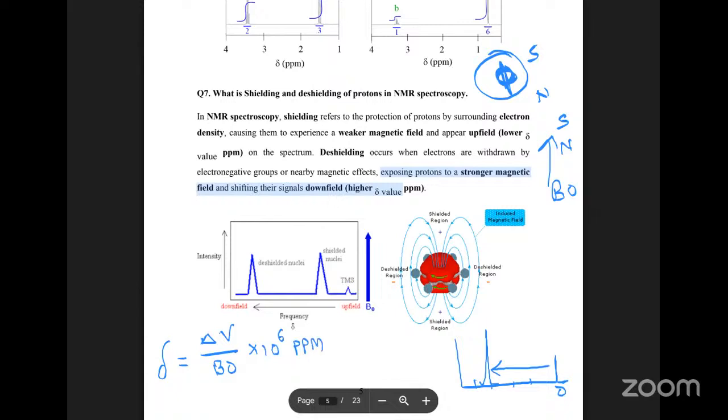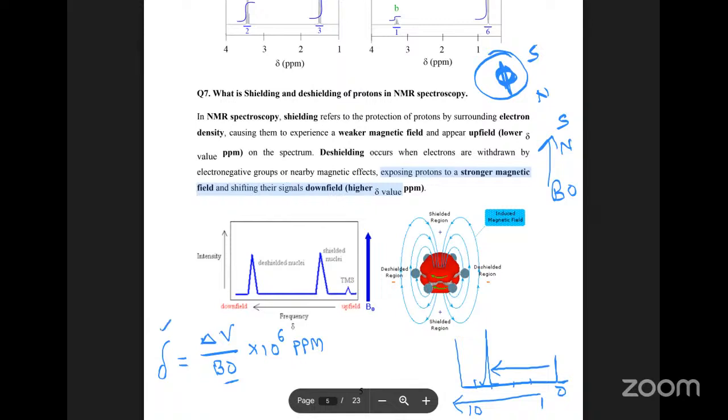Now what I'm trying to explain is, if your del value is very high, meaning away from zero, take the example of 10 and 1. Which number is bigger? The number 10 is bigger. In simple mathematical calculation, if the denominator is a smaller number, then this del value will be more.